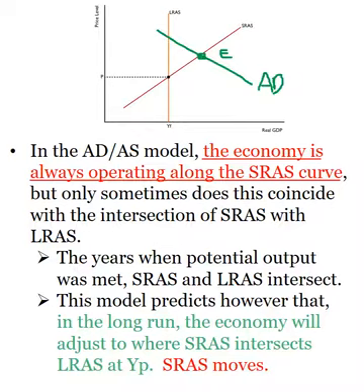So if SRAS has to move, which way would it move so that AD, SRAS, and LRAS are all at the same point? If SRAS shifts left, we would have an SRAS 2.